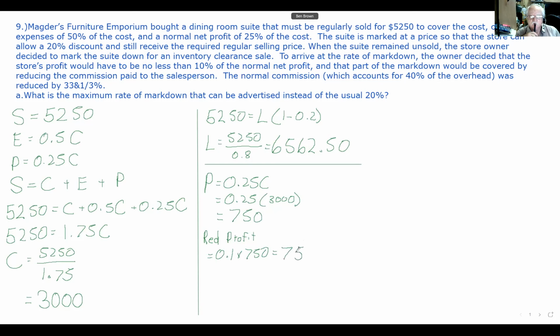So if the store's profit would be no less than 10%, they need to make $75 profit. That's what he's decided. And that part of the markdown would be covered by reducing the commission to the salespeople. So we need to figure out something about the commission.